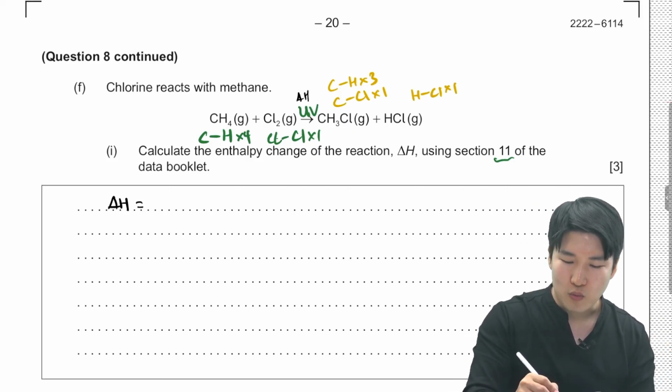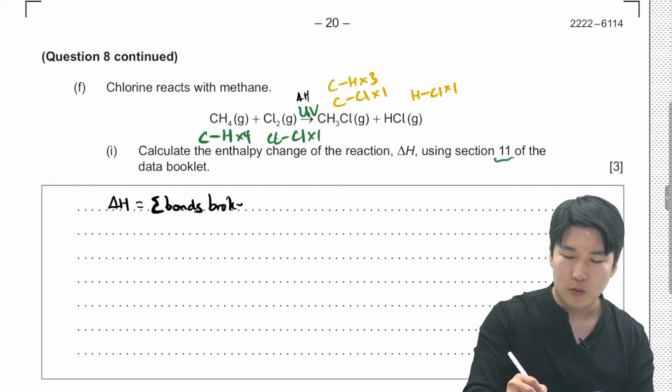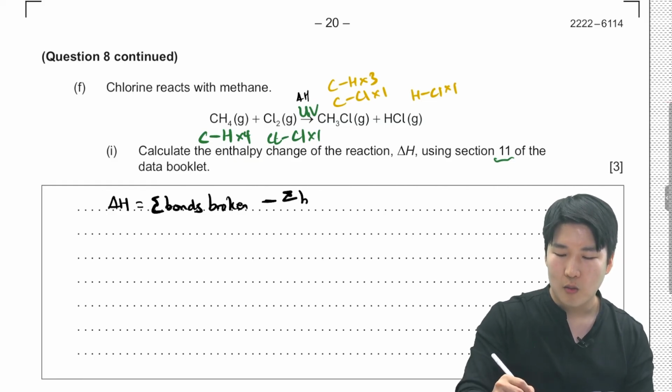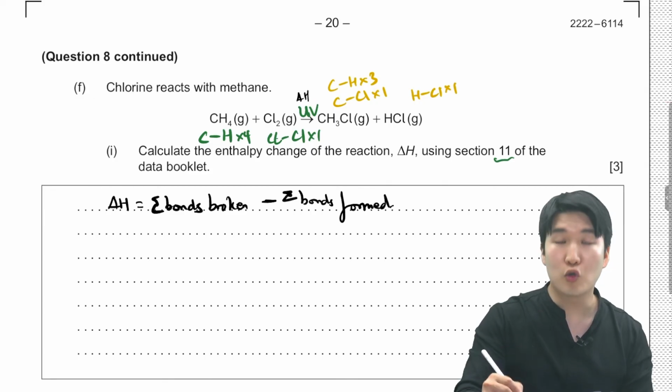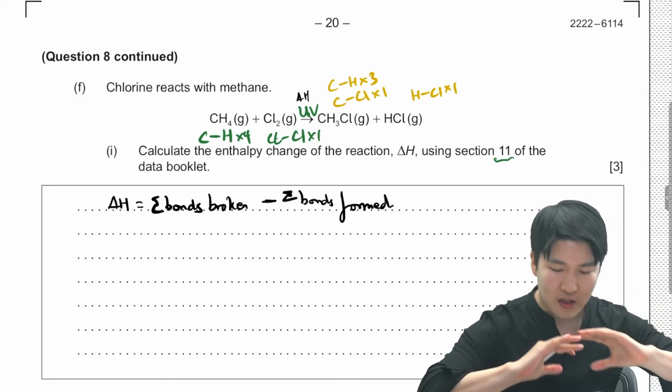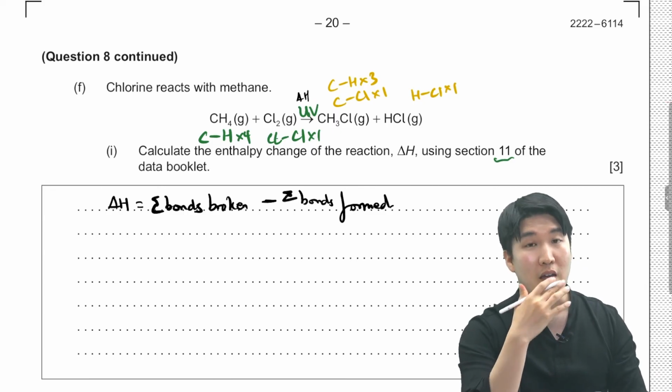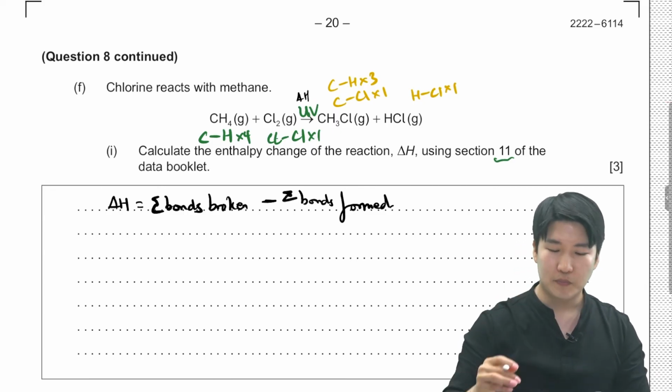And we represent this as what? Sum of bonds broken. We'll be subtracting the sum of the bonds formed. Why? Because the new bonds formed will be releasing energy, and that will take a negative sign.